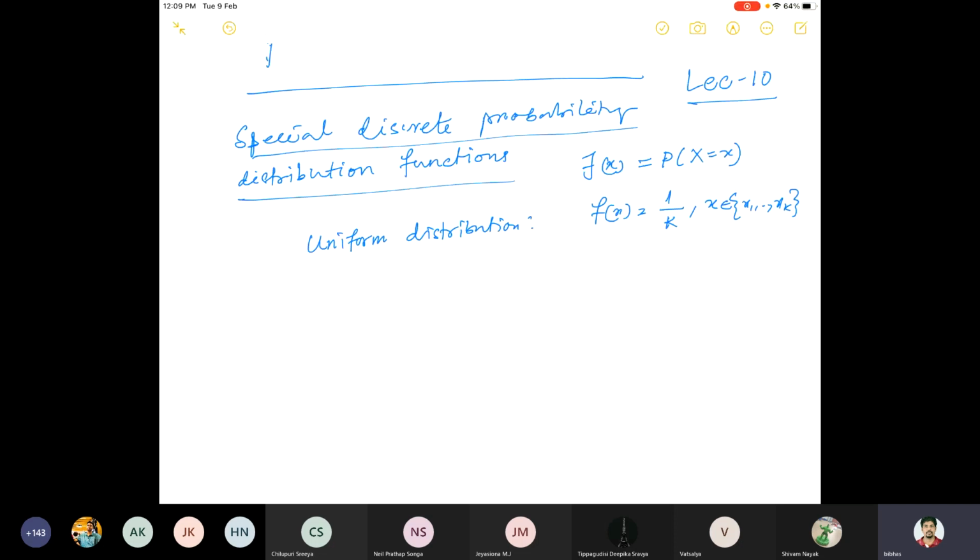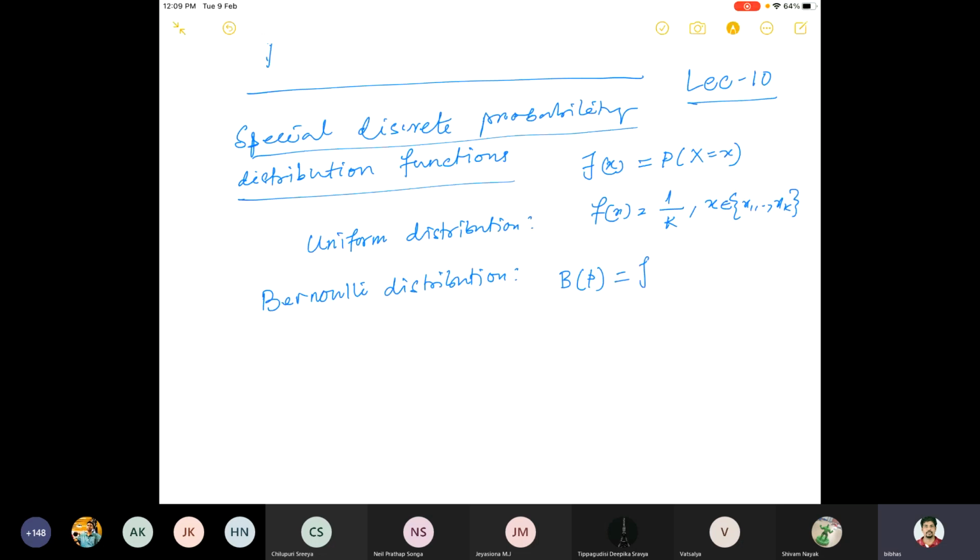And then we talked about Bernoulli distribution, for which, okay, we will also sometimes denote it as Bernoulli(p), because p is the parameter here.